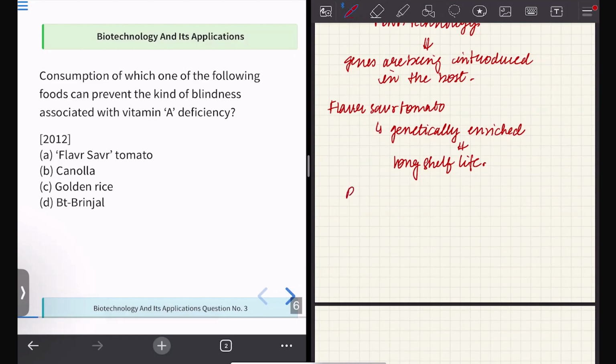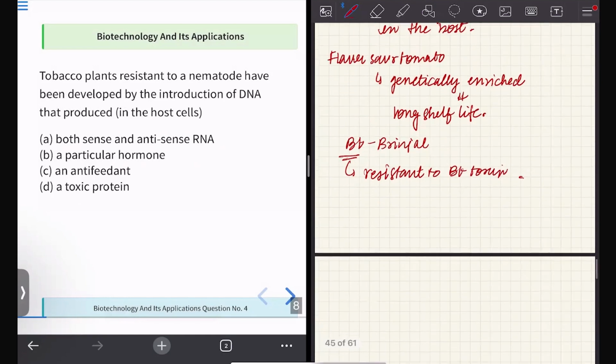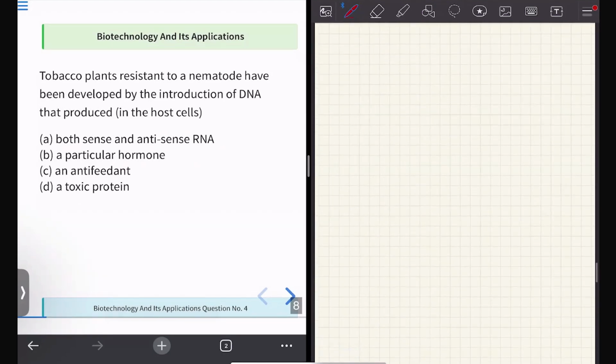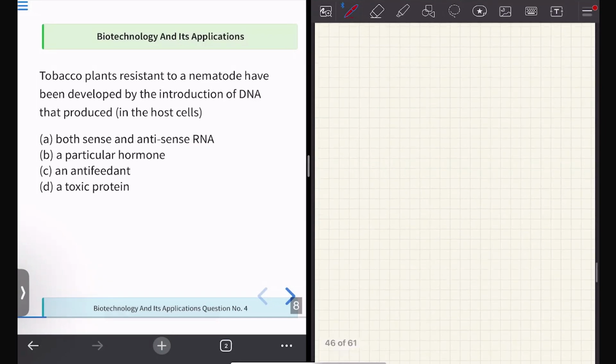Then we have Bt brinjal. So Bt brinjal is resistant to insects because of the Bt toxin. Moving on to the next one, we have tobacco plants that are resistant to a nematode. They have been developed by the introduction of DNA.